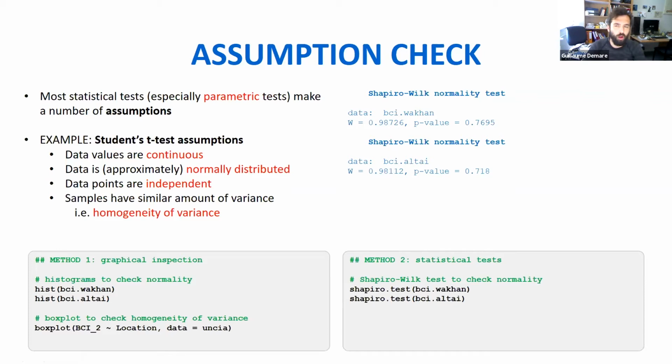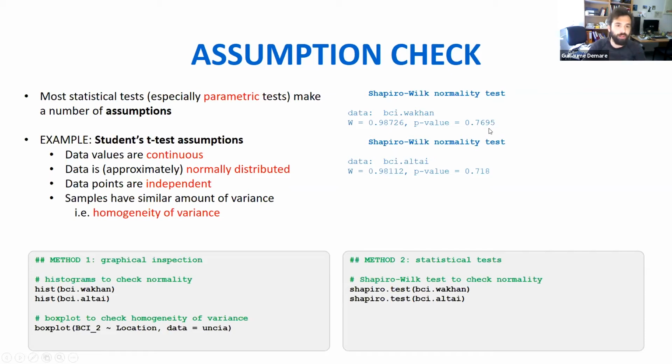If your significance level is 0.05, like people usually use, here we can say that the p-value for both groups is way above 0.05. It's at 0.7 for this. If it was less than 0.05, we could conclude that at the 95% significance level, the data is non-normally distributed.